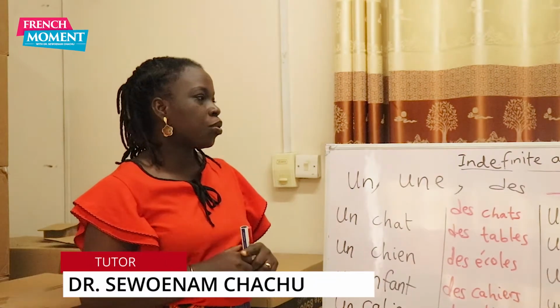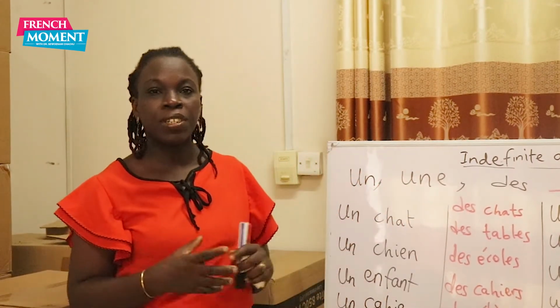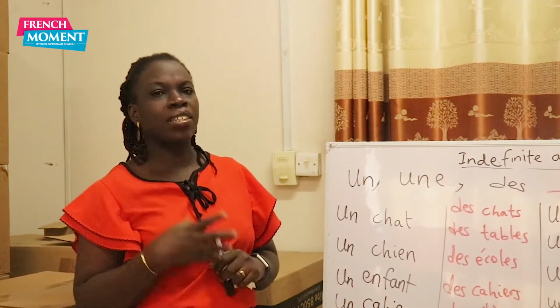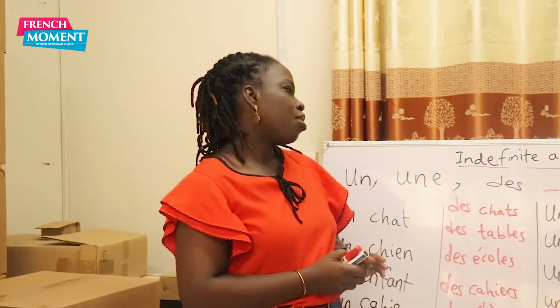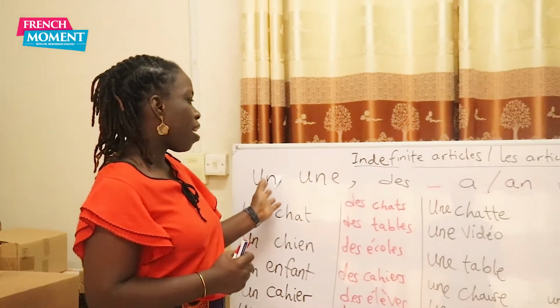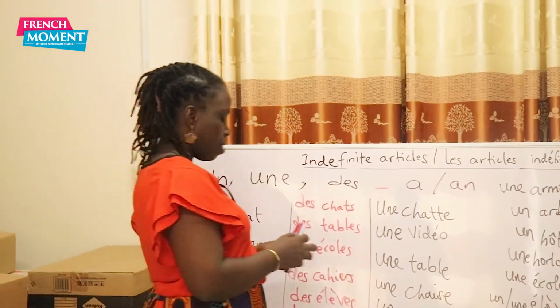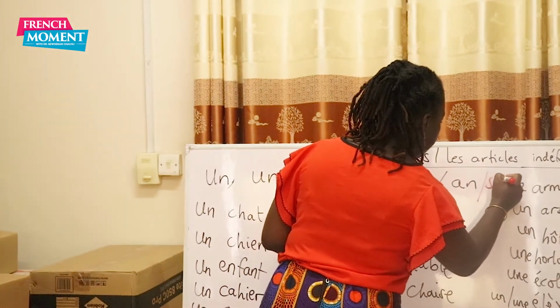In the last episode, we looked at definite articles, les articles définis. We are going to now look at indefinite articles, or les articles indéfinis. Of course, I'm sure you know what that is in English. We have a, an, and then we have either none or some.